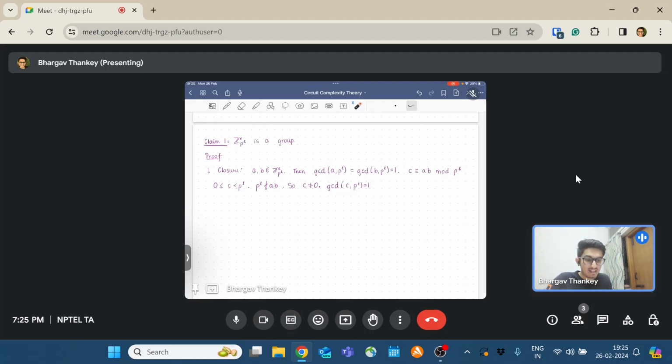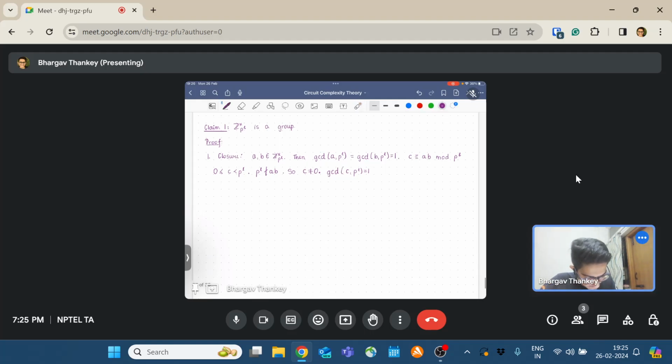And P is the only prime factor of P to the L, right? So there are no common prime factors between AB and P, so there are no common factors between AB and P to the L. So there are no common factors between C and P to the L, right? So this is also one. So C is in the group.